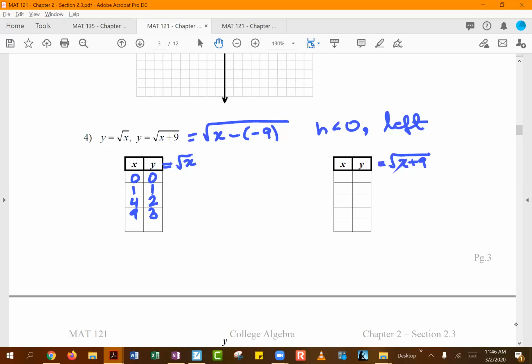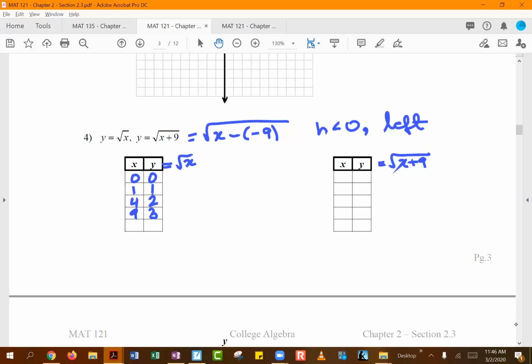So remember how we talked about this is technically a negative 9, which means our graph is moving 9 units to the left. So how will that change our x value? You're just going to subtract 9. Same thing that we did in the previous example. We added 3 there. Here, you're going to be subtracting 9.